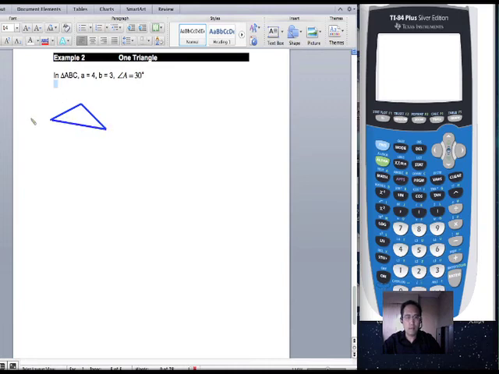So we can see that if we go ABC again, which isn't bad for when you're doing the ambiguous case, this is 30 degrees, and A is 4, and this is 3. And because that ratio is greater than 1, this is not ambiguous. So you're only doing one calculation.